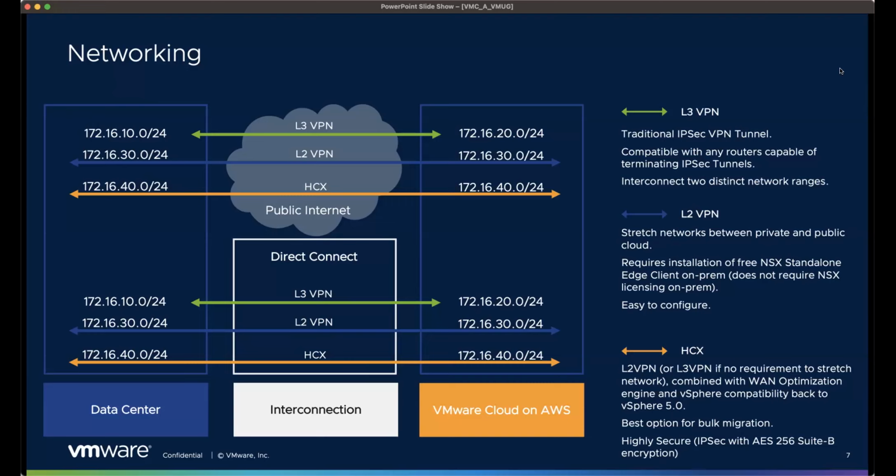For example, I wouldn't need to re-IP my workloads post-migration, right? I could, for example, stretch my VLAN, which has a bunch of server workloads, migrate all of these into VMC, and then have them running in VMC with no service disruption whatsoever.